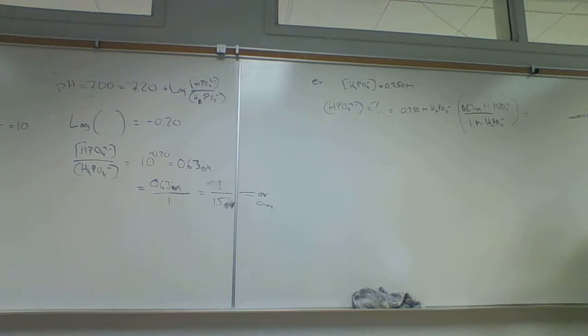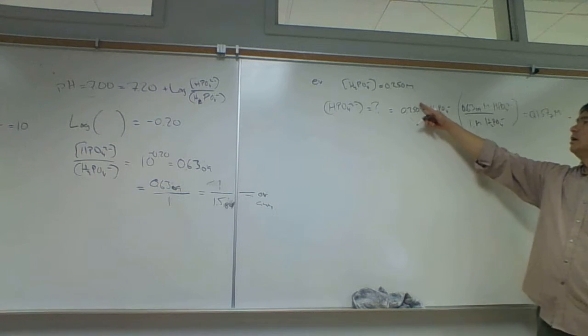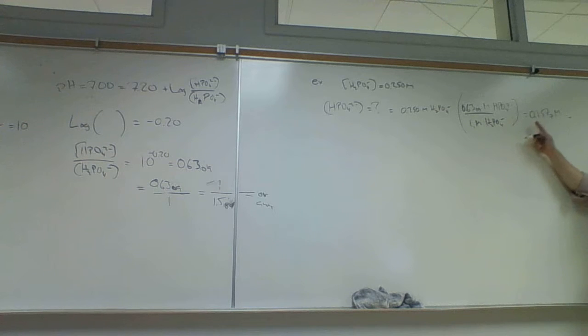And so that would be 0.25 times 0.6309, which gives me 0.157 molar. And so if I mix up a solution of 0.250 molar H2PO4 minus and 0.1577 molar HPO4 2 minus, that should give me a pH of 7.